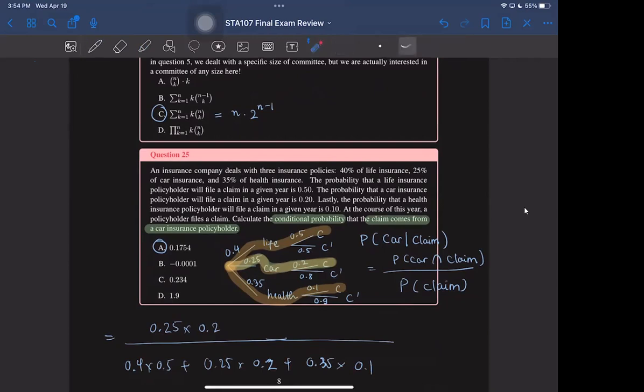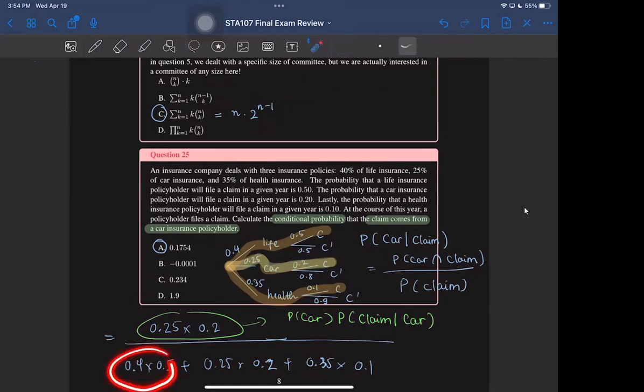And in the exam, I suggest that from this step to this step, you should add one more step. That is writing the meaning of each of the numbers here. For example, this one multiplied with this one is the probability of car, which is the same as saying the probability of having car insurance multiplied by the probability of filing a claim given that they have car insurance.